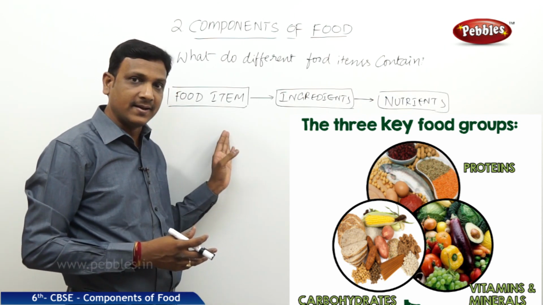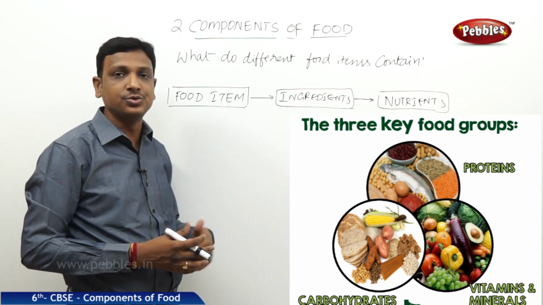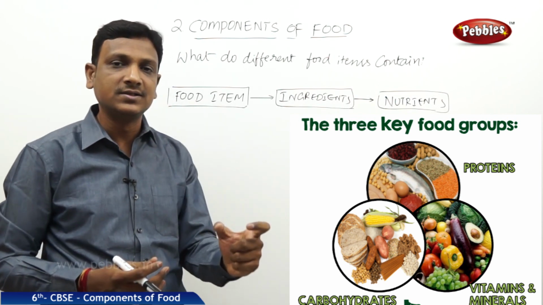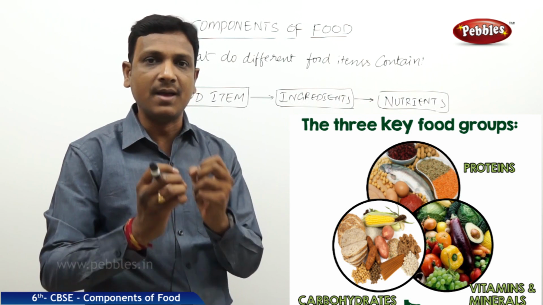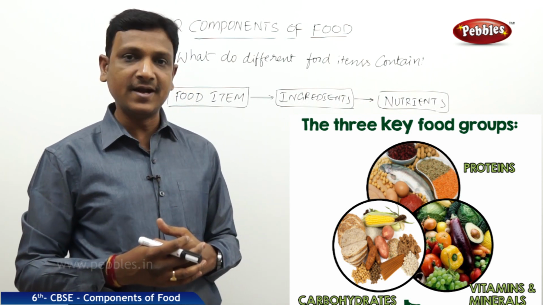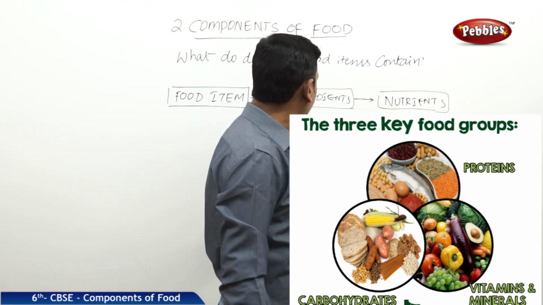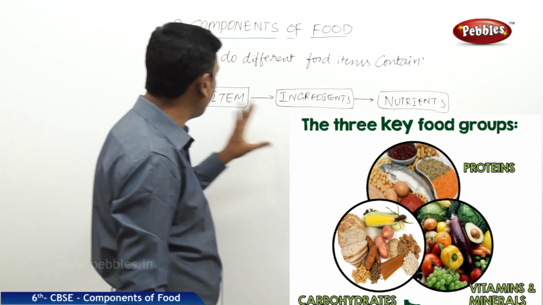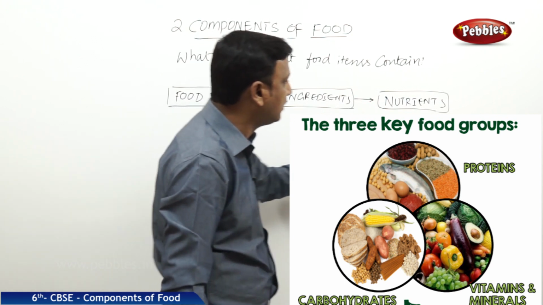So to make a food item, what kind of ingredients are we choosing? We are choosing the ingredients which have a good amount of nutrients that are useful for our body, needed for our body. So the ingredients we choose to make the food item have the nutrients.